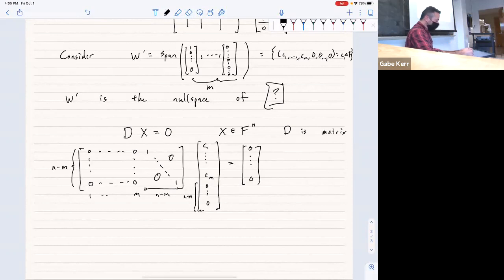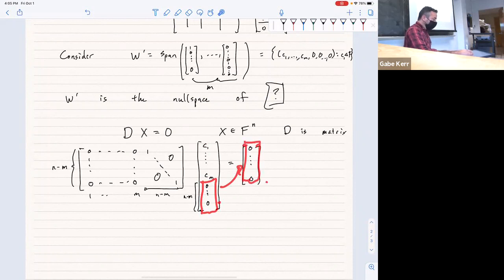So if I put the identity here, then certainly this vector will satisfy this equation for any c's that I want, as long as this part is 0. Furthermore, if this part is not 0, then what this matrix multiplication does is it takes this part and replicates it right here.